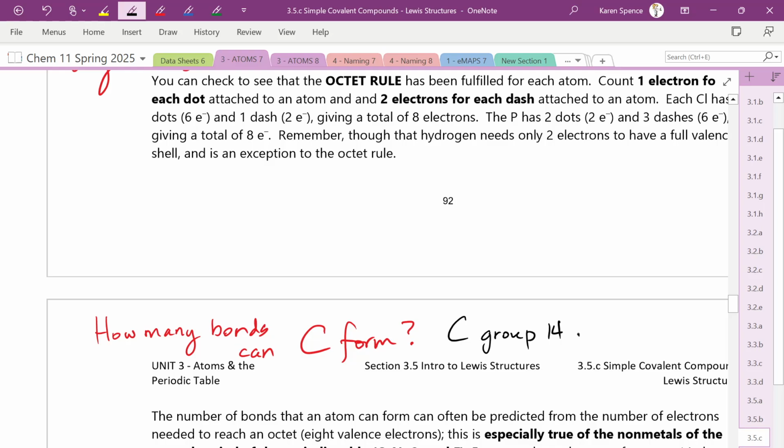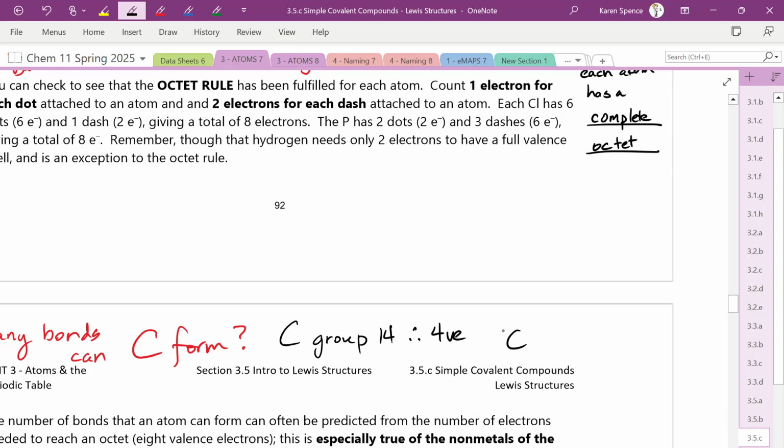So it has 4 valence electrons. 1, 2, 3, 4. It can form 4 bonds because there are 4 gaps. And that's one of the reasons why carbon is the basis of all life, is because it can form so many bonds, it can form pretty complex molecules. All right?